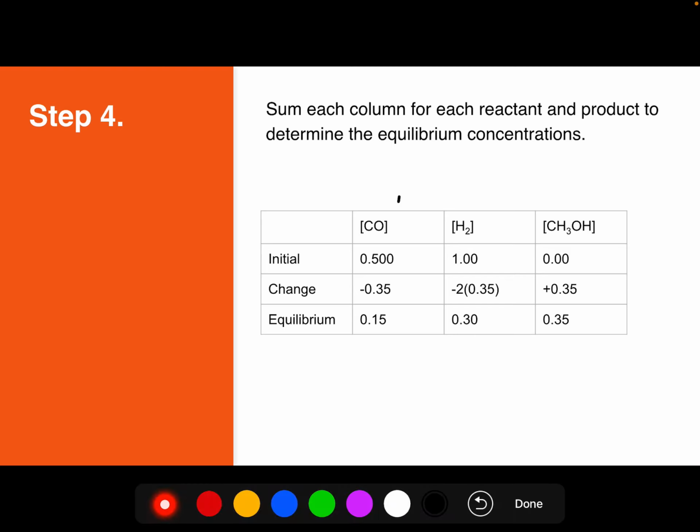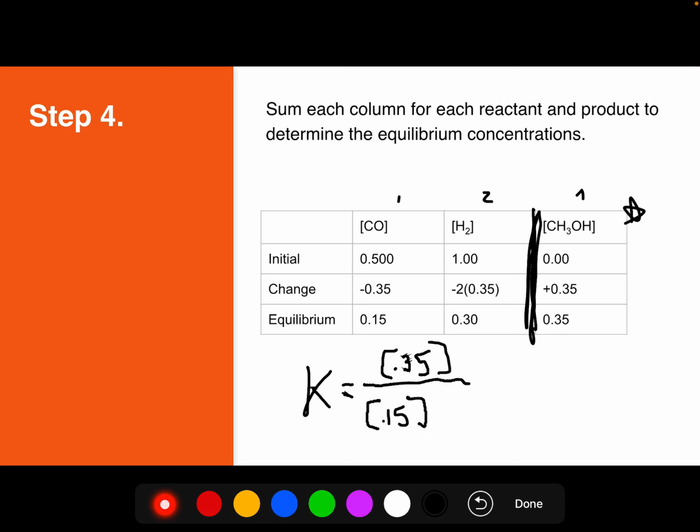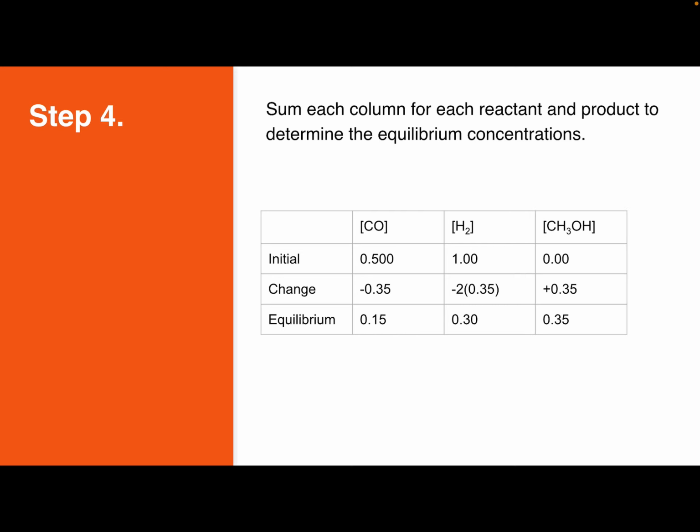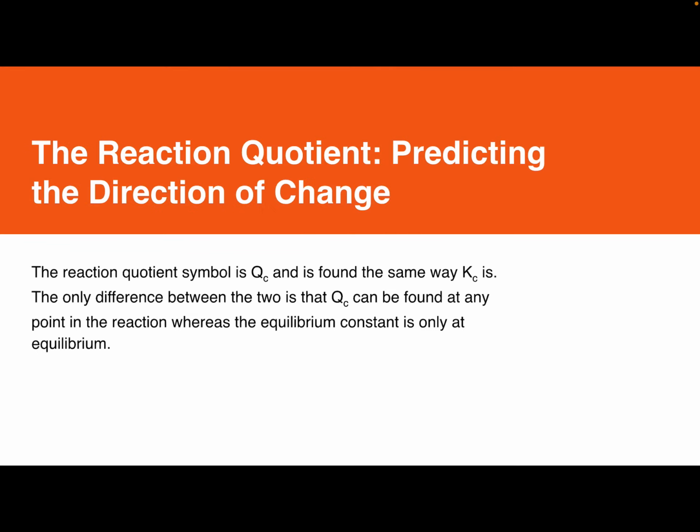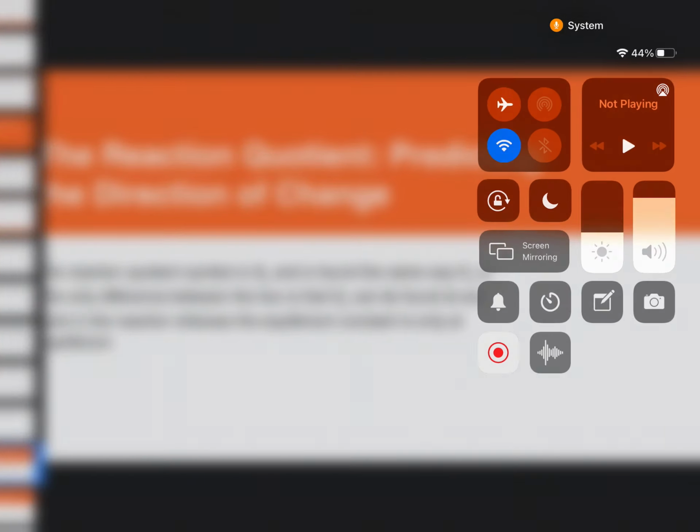So since it was a 1, 2, and 1, and this over here was our product, the K value is going to be equal to 0.35 over 0.15 times 0.30 squared. And that is really all there is to it. Not too shabby, huh? Should get Kc is equal to 26. So hopefully that makes sense, and we'll start talking about something else next video.